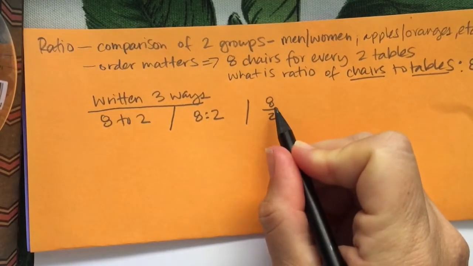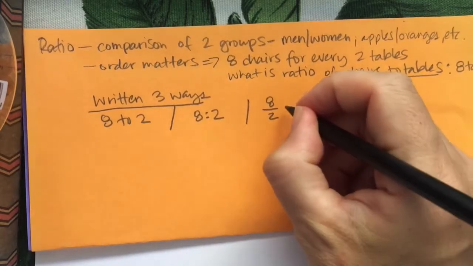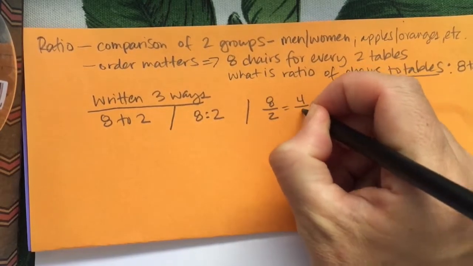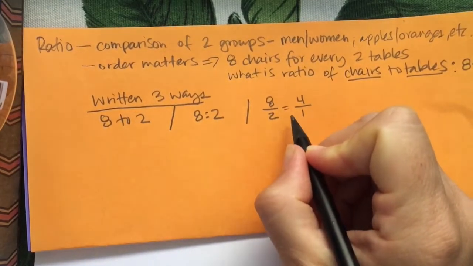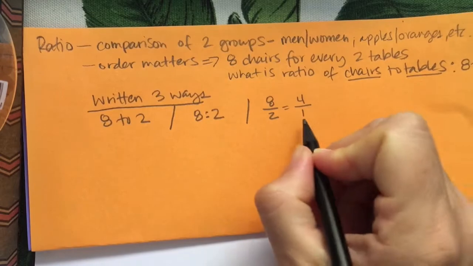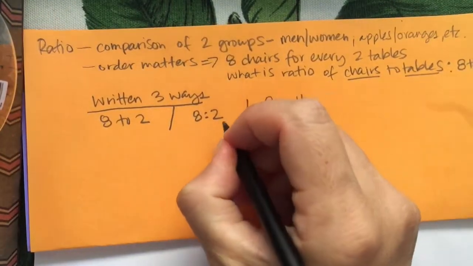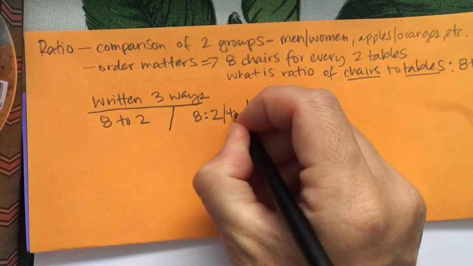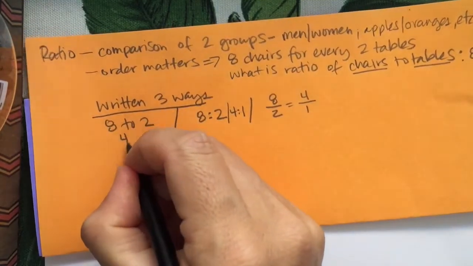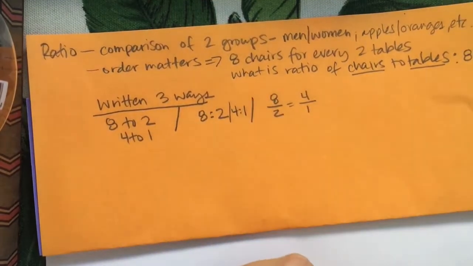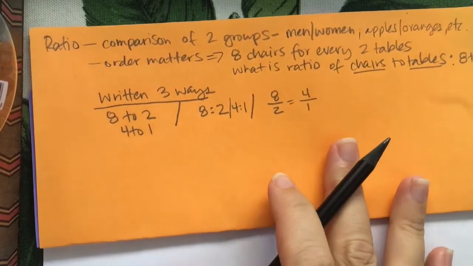So for example, if you were to reduce this fraction, that would be reduced to 4 to 1, right? You would divide the top and bottom by the same number, which in this case would be 2, and you can reduce ratios. So this could also be written as 4 to 1, and this could be written as 4 to 1. All right, so they can be written 3 different ways.